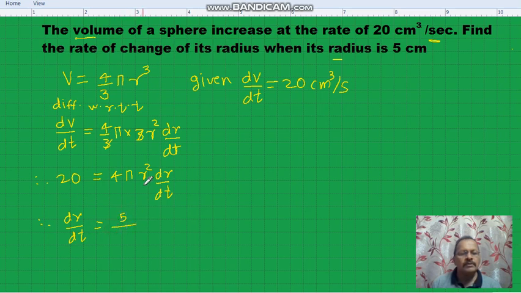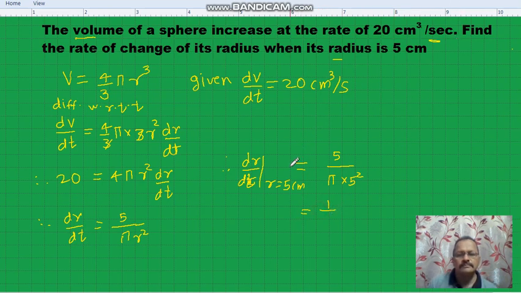5 upon pi r square, and therefore dr by dt when r equal to 5 centimeter is 5 upon pi into 5 square, that is 1 upon 5 pi.